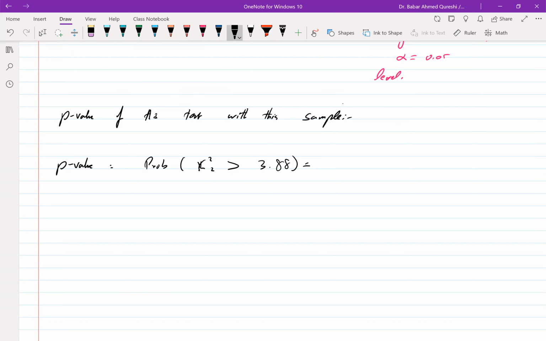So for 3.88, the probability of chi-square being greater than 3.88 is 0.1414. So the p-value is 0.14. I have some evidence that probably they are not equal, but it's weak because the p-value is not very small.